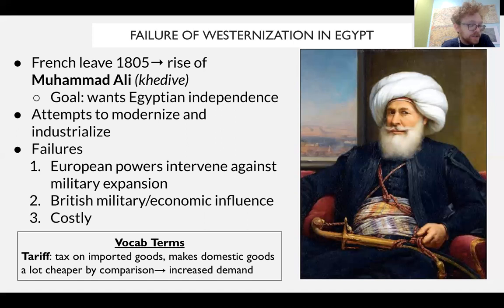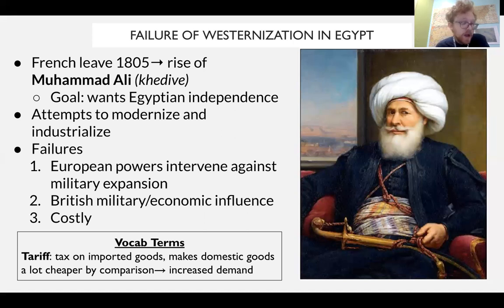We are going to see his failed invasion of places like Syria and Sudan be resisted by European powers. The French stop him in Syria, and the British are going to try to stop his ambitions in Sudan. So increasingly, we are going to see European military presence, which is stalling industrialization.